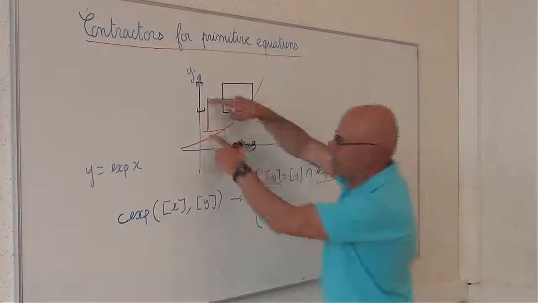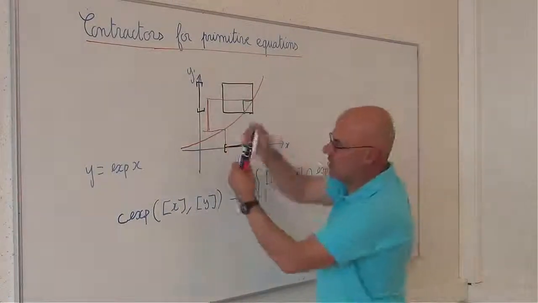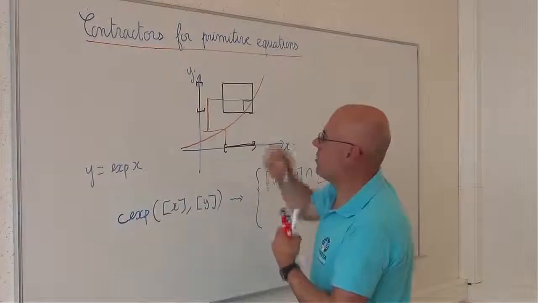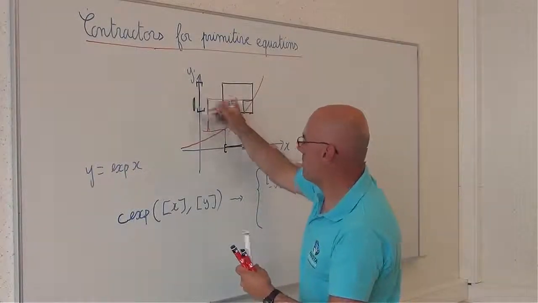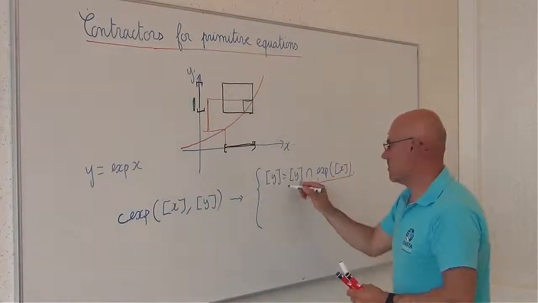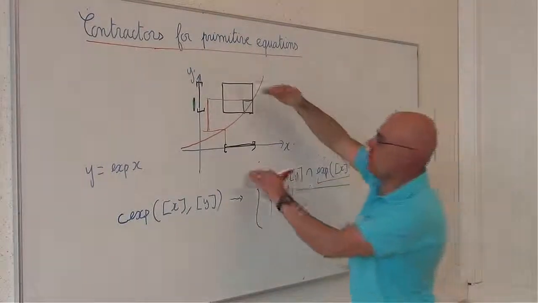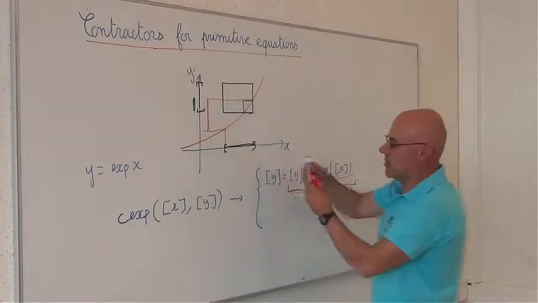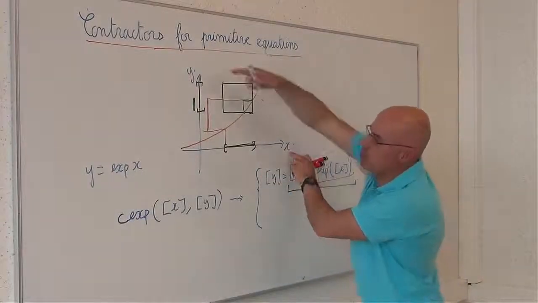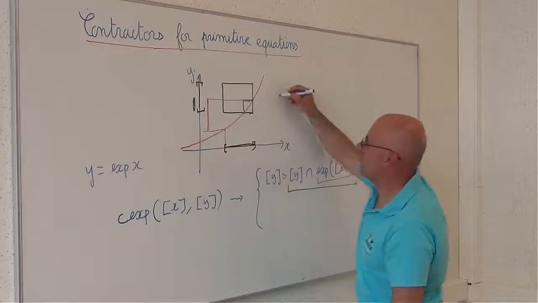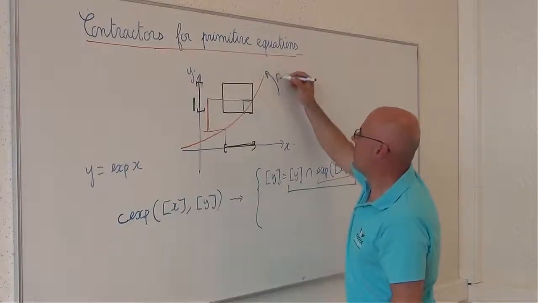This corresponds to this. I will compute this intersection and I will return this one. It is the forward contraction because I go from the input to the output of the function exp. Forward.